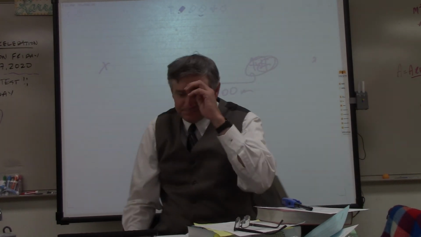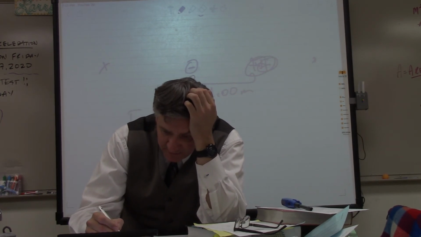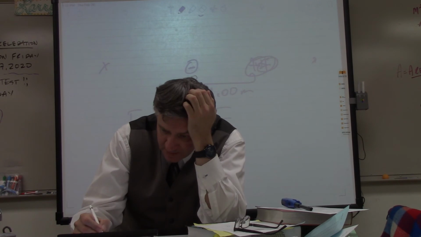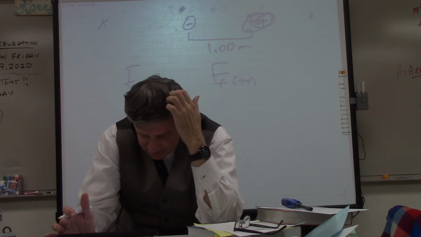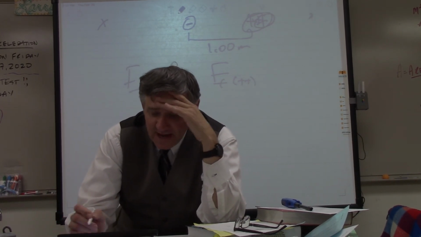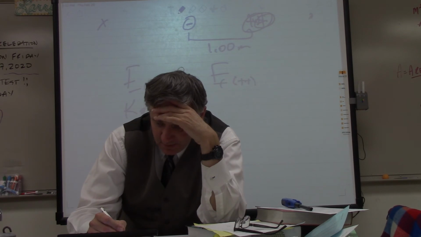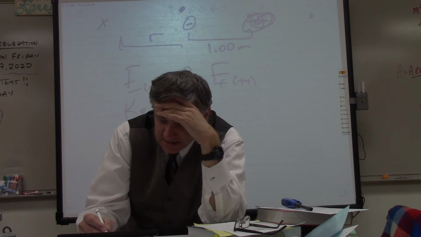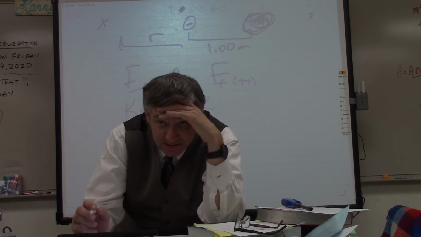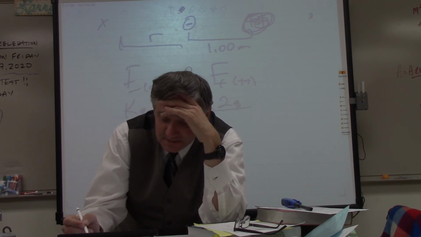Now, here's the deal. These two electric fields, one from the negative and one from the positives, have to equal each other, right? So you're going to have kQ over R squared, and this is going to be this distance R. That has to equal k times, now I've got two positive charges stacked there, so that's going to be 2Q. But here's the deal.